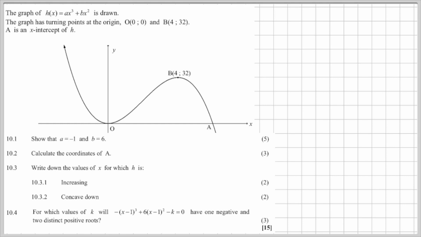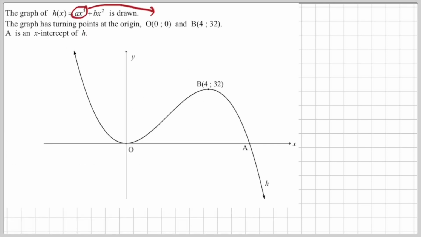So when we look at something like this, the graph of h of x is equal to ax cubed plus bx squared is drawn. So first of all, look at the graph. What do you see? Well, it is a cubic graph. That's very important because it has certain properties that work with specific cubic graphs.